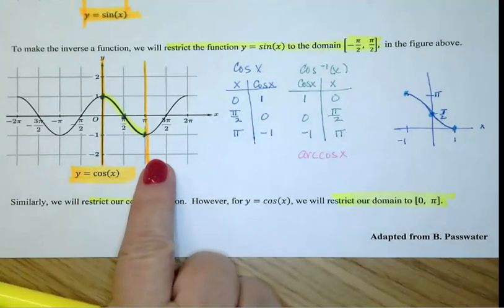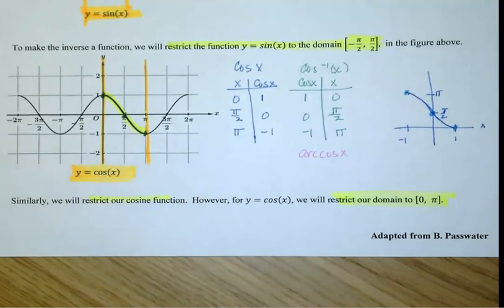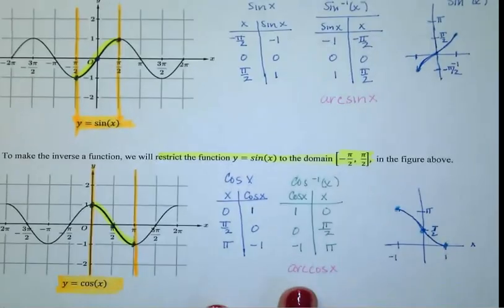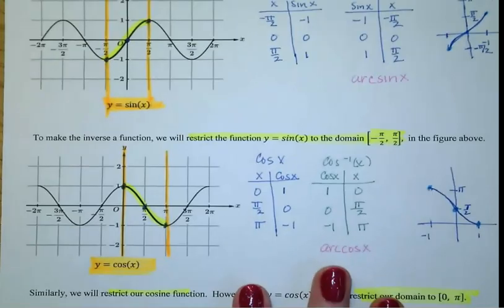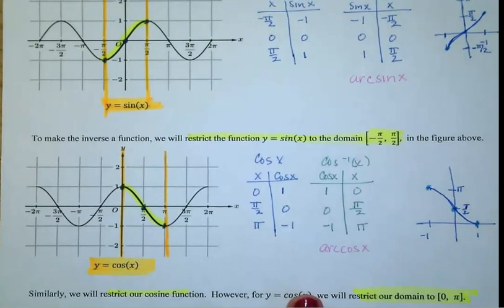So from 0 to pi, that's this area right here. And so that's what our restricted cosine graph is going to look like. So they look very similar. Wiggle is a little different. The piece of the function that they use is a little different. These are the standard accepted abbreviations. So you'll be consistent when you use them. And now we're going to look at our third function we've been studying, tangent.